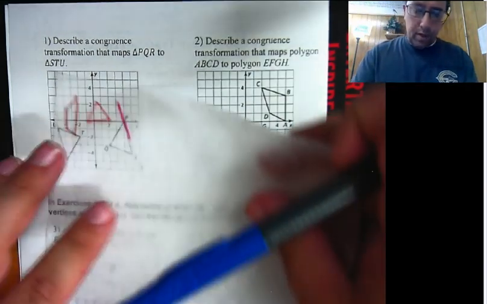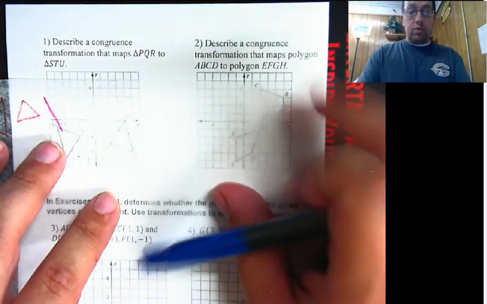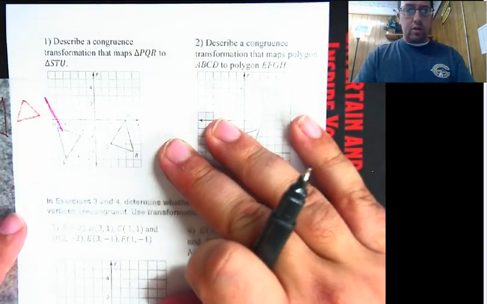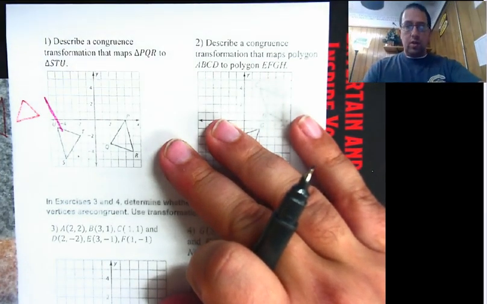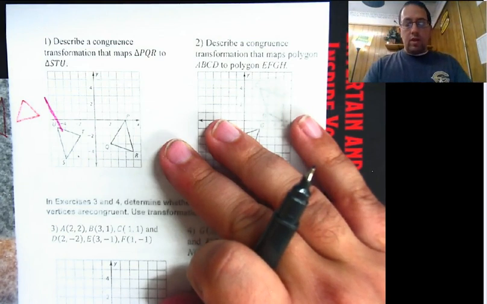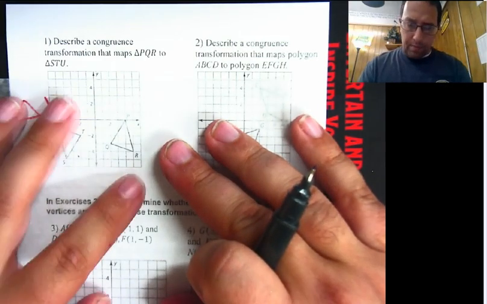It wants to know which of our rigid motions, because remember, congruence transformation and rigid motion are the same thing. So what this wants to know is, how can we use a translation or a reflection or a rotation or some combination thereof to get from here to there? Right? PQR to STU.